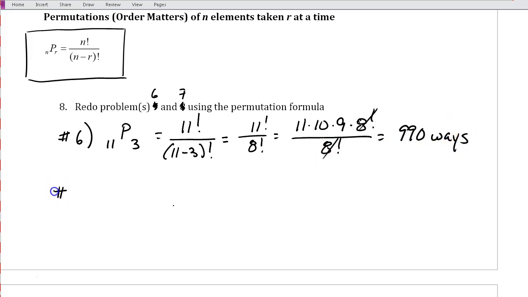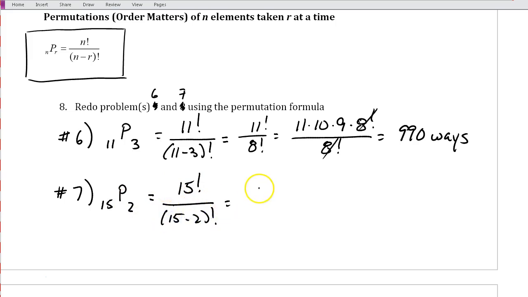And for number 7, we would have 15 that we're going to pick from, and we only need 2. So that's going to be 15 factorial over 15 minus 2 factorial. So we've got 15 factorial over 13 factorial, which simplifies to 15 times 14 times 13 factorial over 13 factorial.